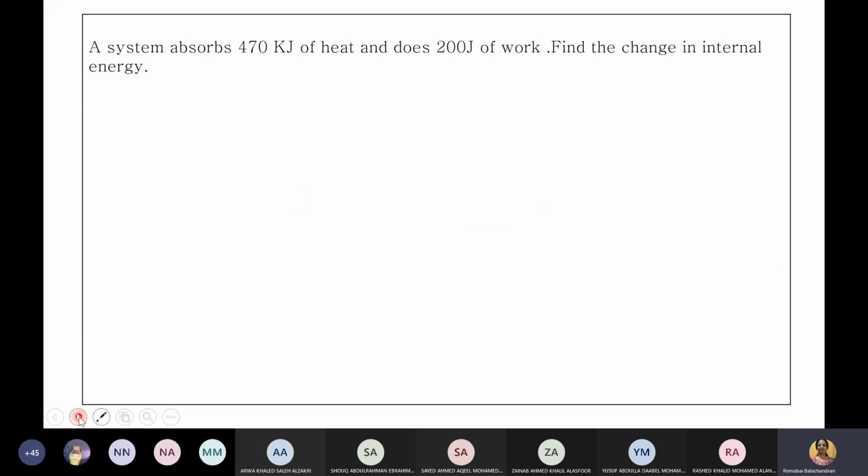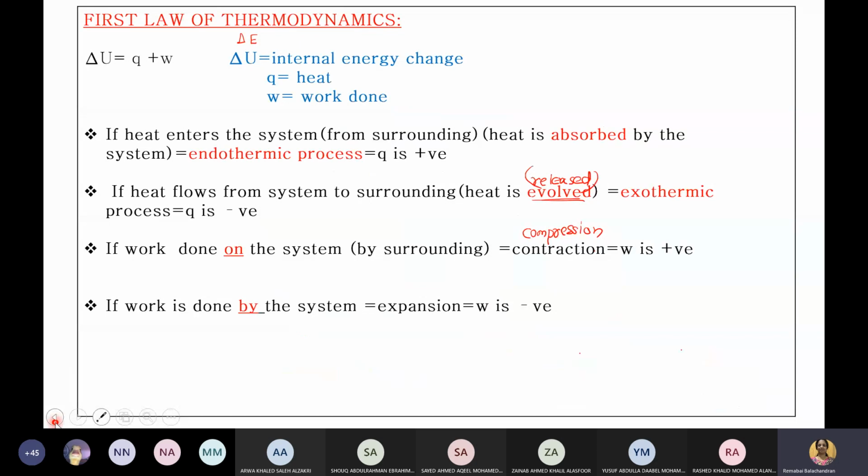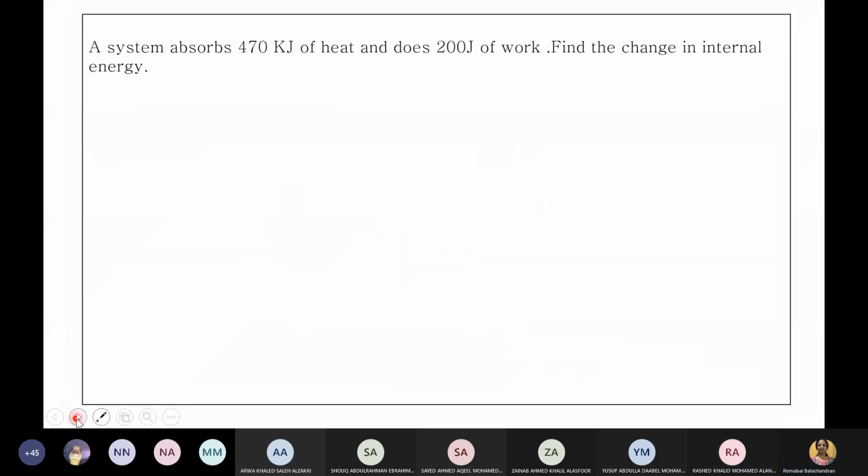You know the formula. What's the formula? Delta U is equal to Q plus W. Now, tell me how to solve it. It's very easy.